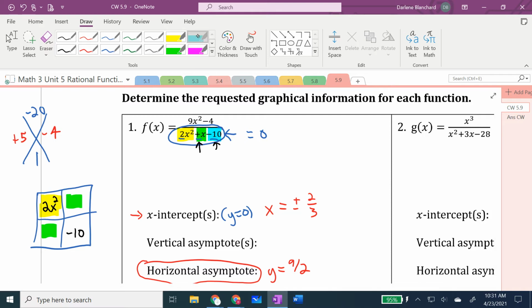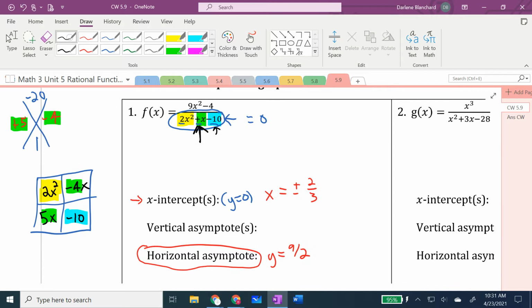Let me color code a little bit. And this is telling me how to split up that addition so that the factoring will work out. So I have a positive 5x and a negative 4x that will add to make this positive x. Then it's a matter of deciding where you want to start because you've got 4 spots to fill. 1 spot, 2 spot, 3 spot, 4 spot. And start with any of those.